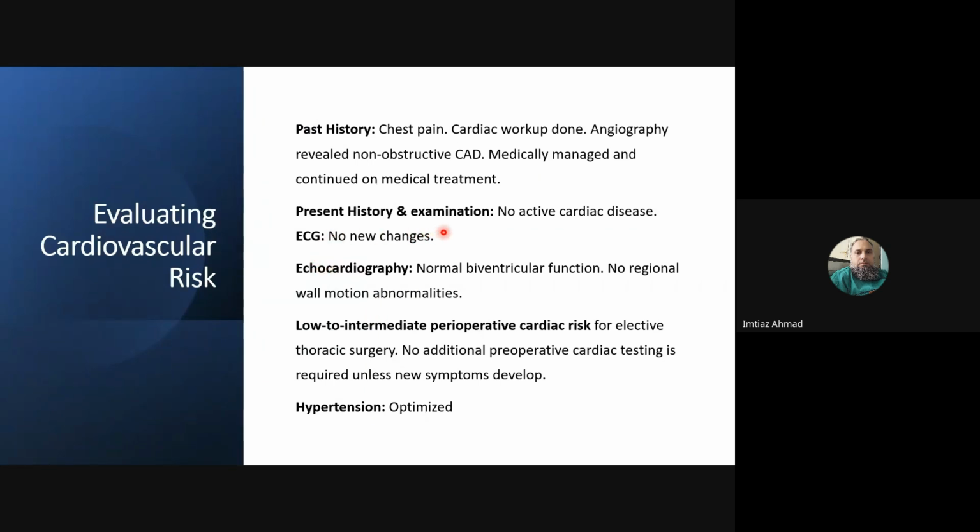Present history and examination has no active cardiac disease, ECG has no changes, and echocardiogram showed normal biventricular function with no regional wall motion abnormalities. So the patient is low to intermediate perioperative cardiac risk for elective thoracic surgery. No additional preoperative cardiac testing is required unless new symptoms develop. Patient is optimized. Patient's hypertensive disease is also optimized medically.